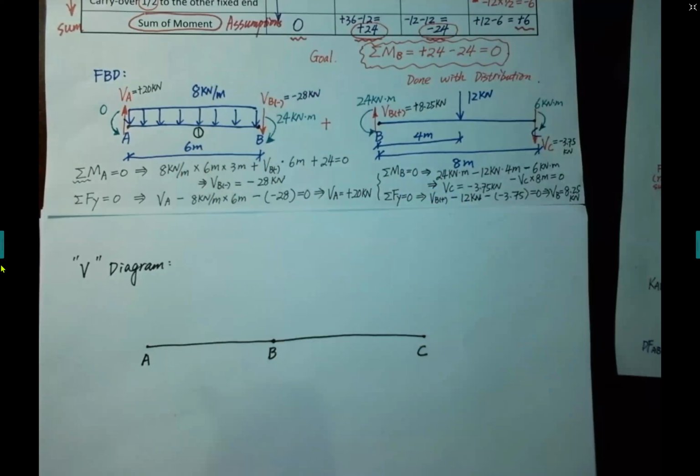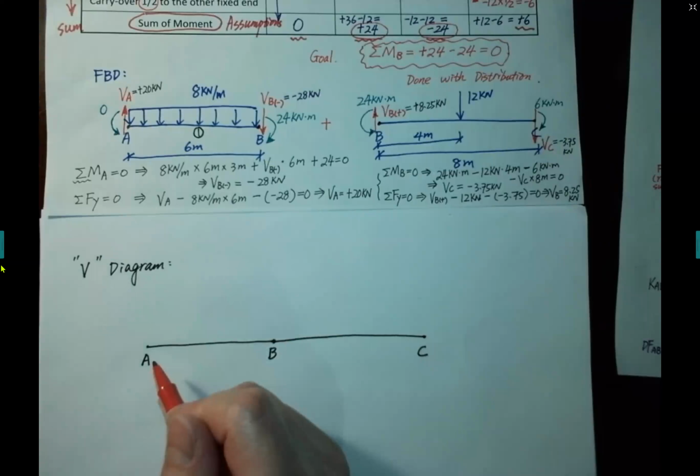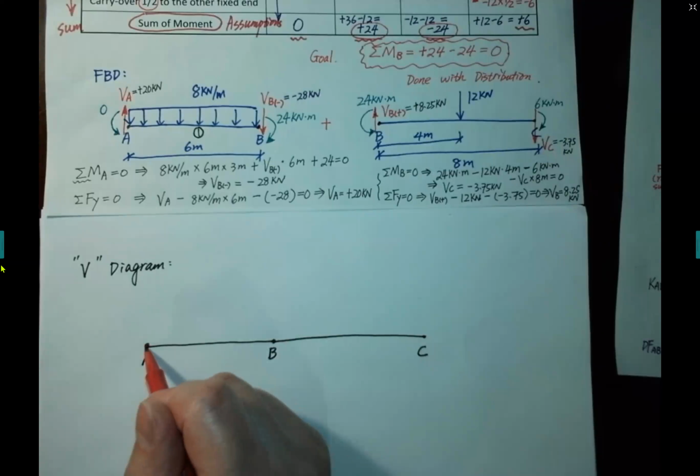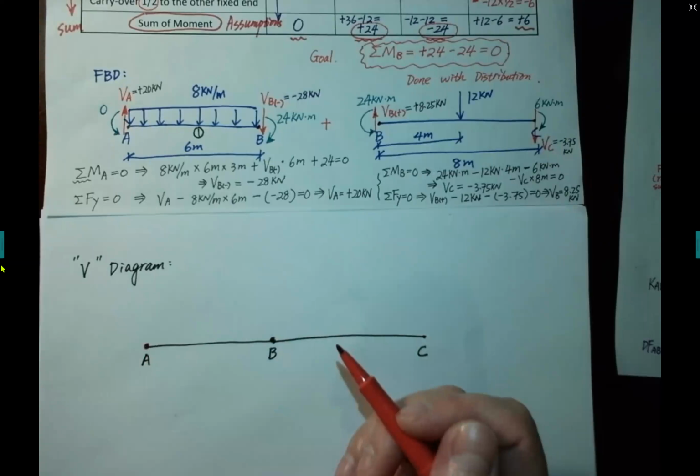In order to get a shear diagram, first we need to identify the key points for the shear diagram. The key points for the shear diagram represent the possible maximum shear on this segment. The key points of shear are beam ends, supports, and changes of external force.